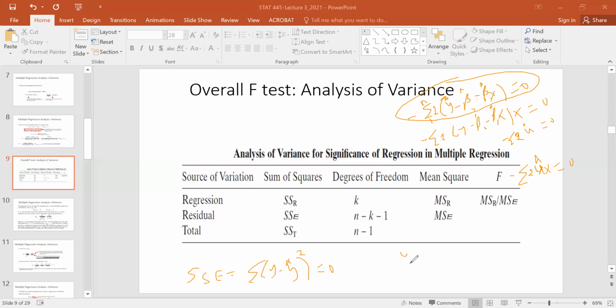But y minus y hat, okay, so let's continue. So over here, right, y minus y hat also sums to 0.